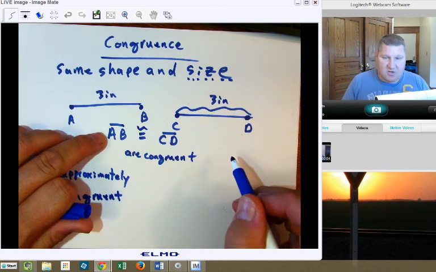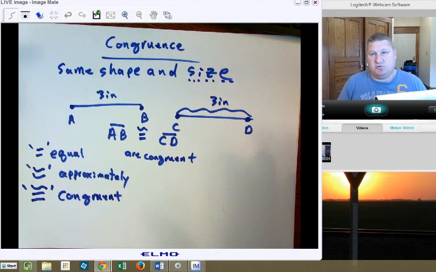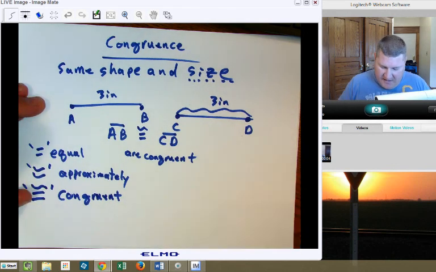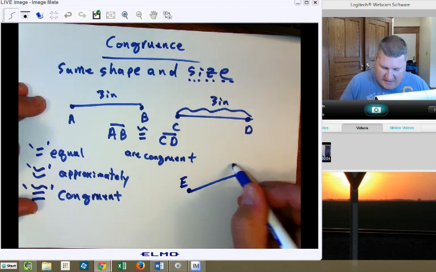Now, congruence means, again, same size, same shape. We don't have to worry too much about shape yet because we're only dealing with lines. But if I have something over here, we're going to call it EF.